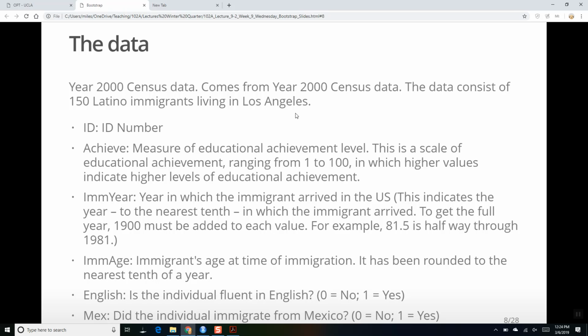But this is, I guess, 150 Latino immigrants from Los Angeles, and unfortunately, they don't tell us what the numbers actually mean. They have some kind of educational achievement level which ranges from 1 to 100, with higher values referring to higher educational achievement. Unfortunately, we have no context.